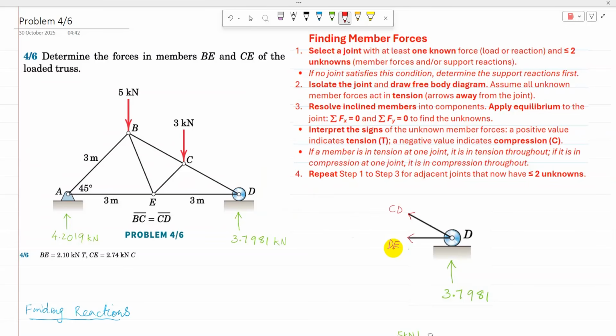Now resolve the inclined member. CD is an inclined member, so it will have two components. One is CDY and the other one is CDX. So that is CDX.